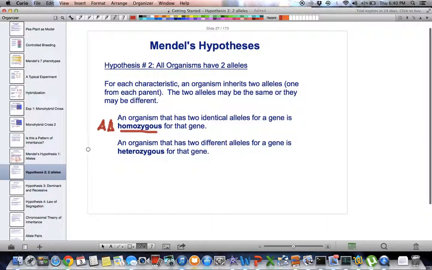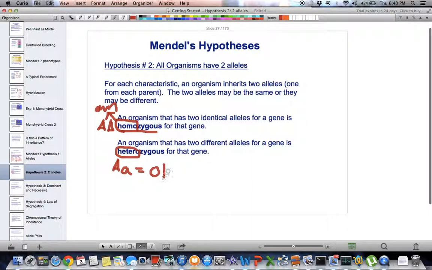Okay, homozygous. The prefix is homo, which means, what do you think it means? It means of your own, like your own. Whereas hetero is the root word meaning the other kind.